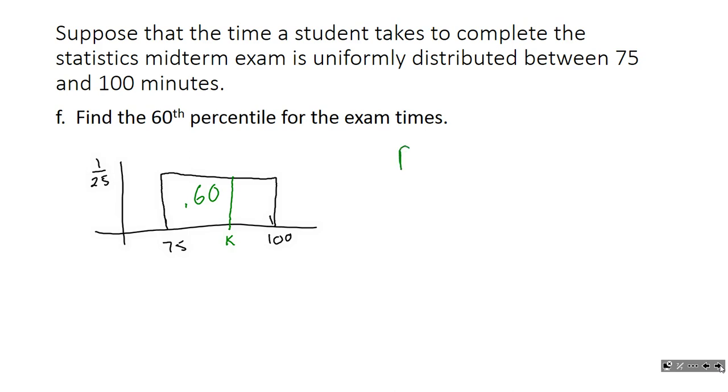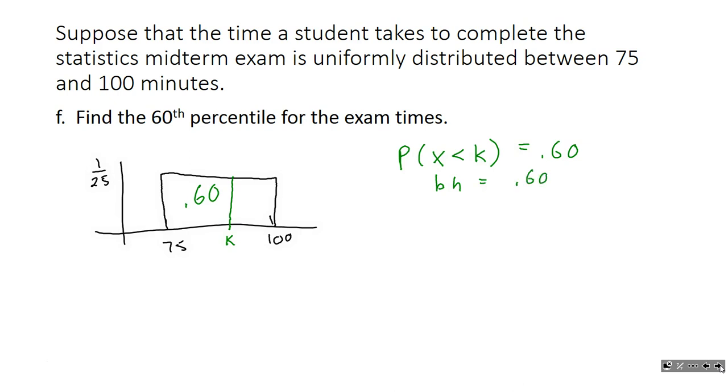So we want that the probability that our value is less than k to equal 0.60. This one we're not finding the probability, we have the probability. So let's write out the left-hand side. In other words, this could be rephrased as base times height equals 0.60.